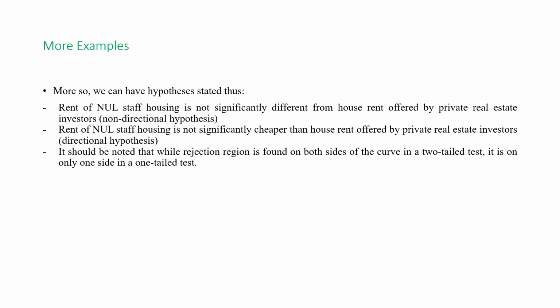But now you only want to test whether the rate at which it is cheaper than the other one is significant or not. Another point to note is that while the rejection region is found on both sides of the curve in a two-tailed test, it is on only one side in a one-tailed test.